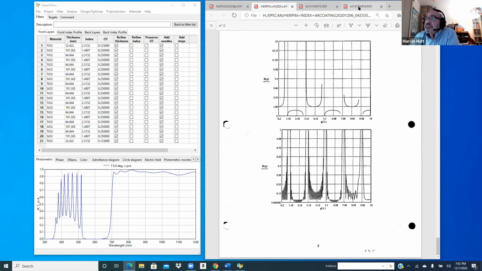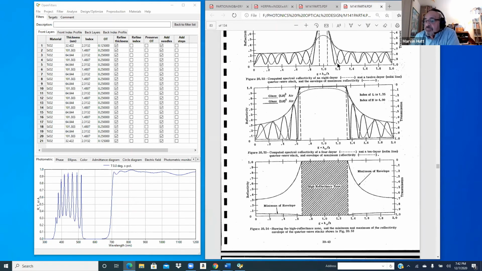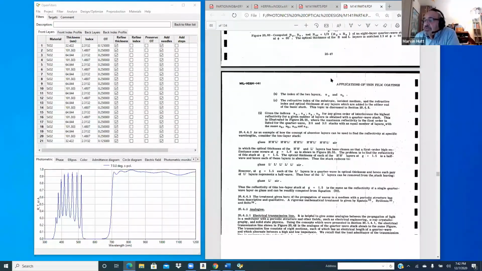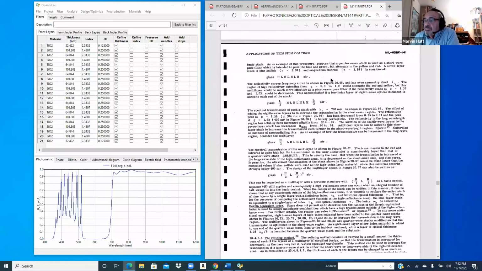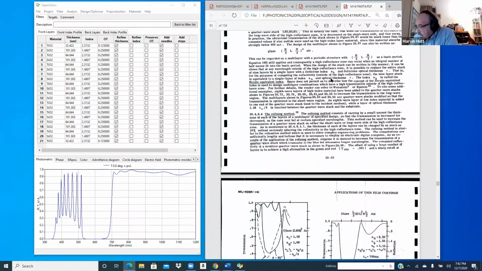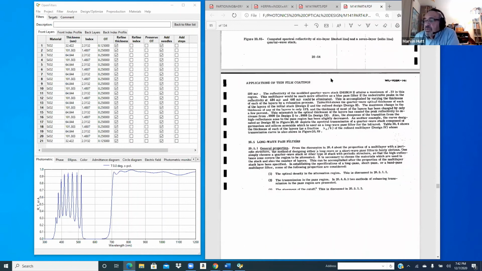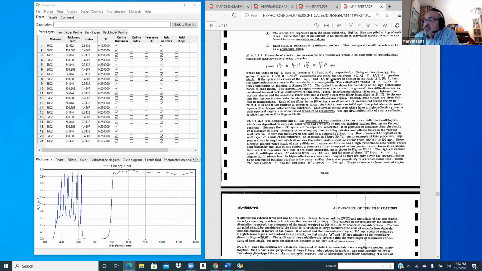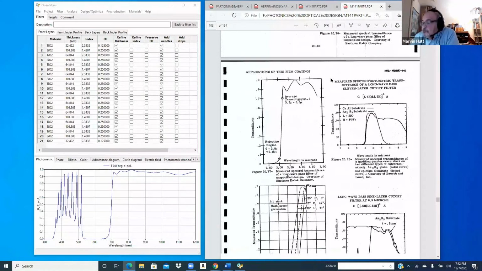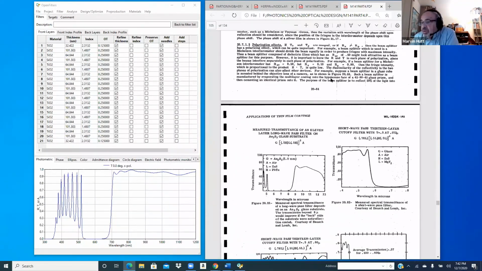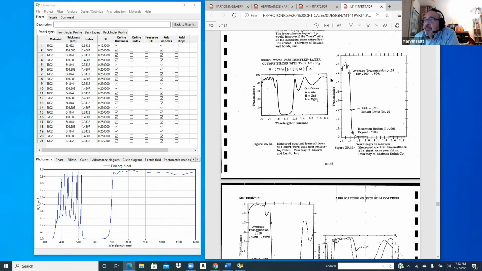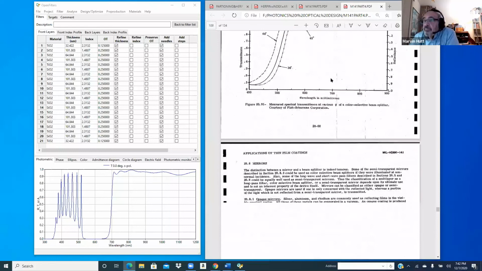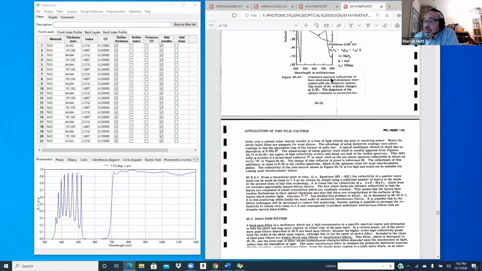2173. Where is it? It's 2173 and 2174. This is the Mill Handbook, of course. Okay, 21.